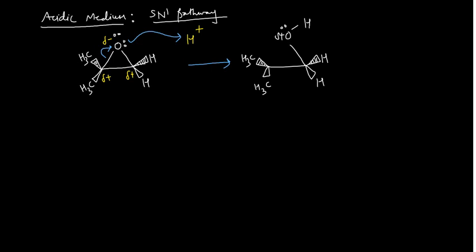Now it is positively charged. Now this carbon is trivalent only. When it is trivalent, that means it is positively charged. It is a carbocation, and this carbocation, you know the nature, is a 3-degree carbocation. Okay guys, it's a 3-degree carbocation.